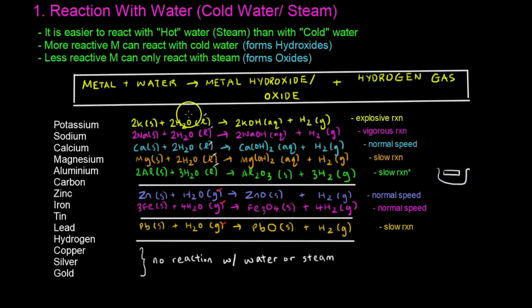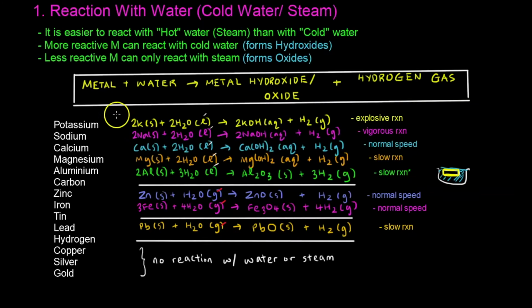Now it's in water. This is just the pure aluminium metal. But when it is in contact with water, it forms aluminium oxide, and this is a layer that surrounds the remaining aluminium metal. Now this cannot react. That's why this reaction is slow, and it will eventually stop after a while, because when you form this aluminium oxide, the reaction cannot continue anymore. That's why it's a slow reaction with a special asterisk here.